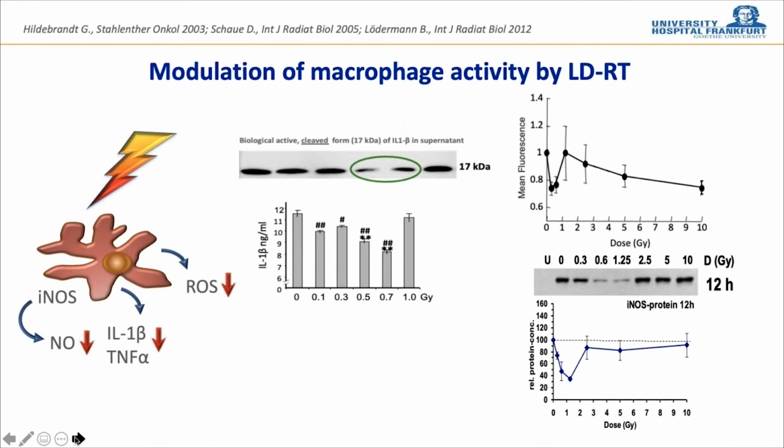Indeed, with regard to cytokine production, a hampered pro-inflammatory TNF-alpha or interleukin-1 secretion from human or murine macrophages stimulated by lipopolysaccharide has been reported. In addition, inflammatory macrophages irradiated with low doses exhibit a reduced oxidative burst capacity and diminished inducible nitric oxide synthase expression, resulting in reduced levels of ROS in the oxidative burst or nitric oxide production.